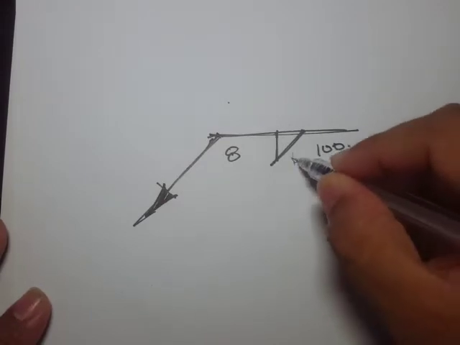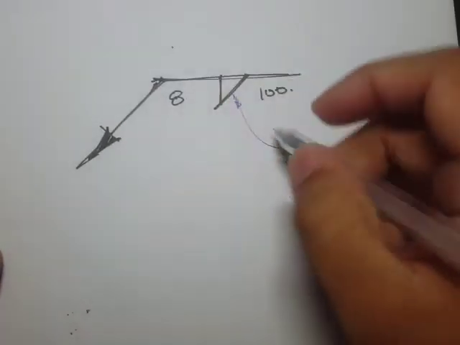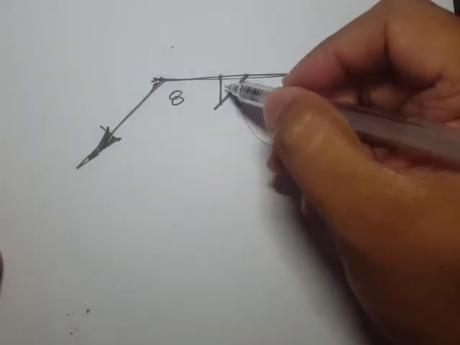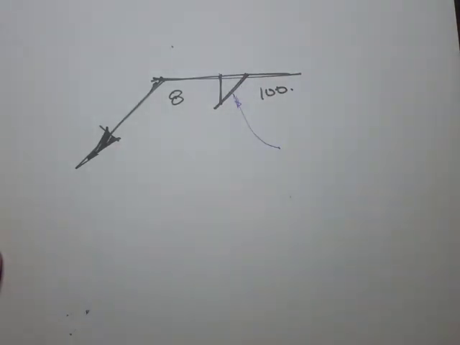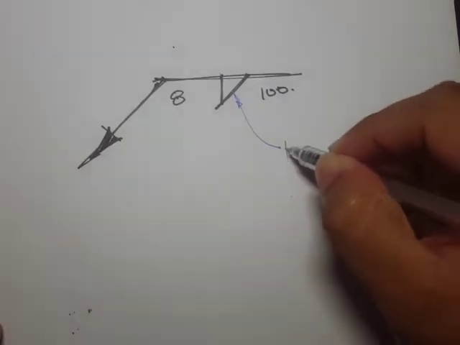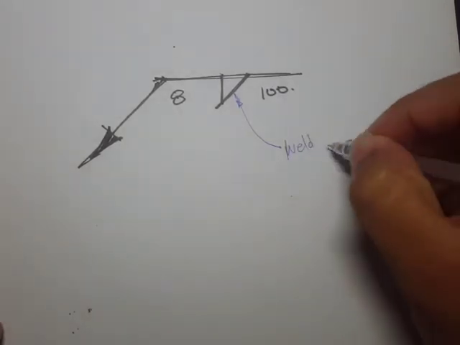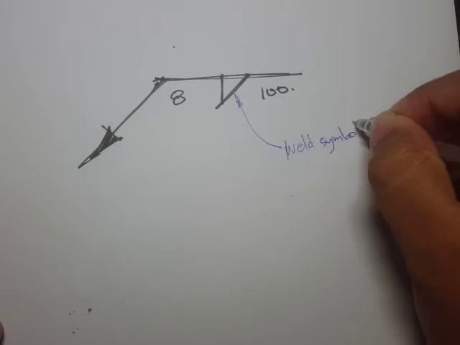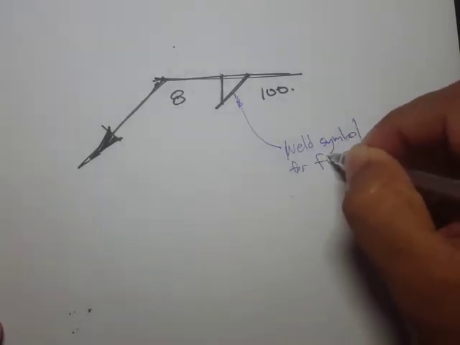Okay, so this symbol here, specifically this triangular symbol, is the weld symbol for fillet.